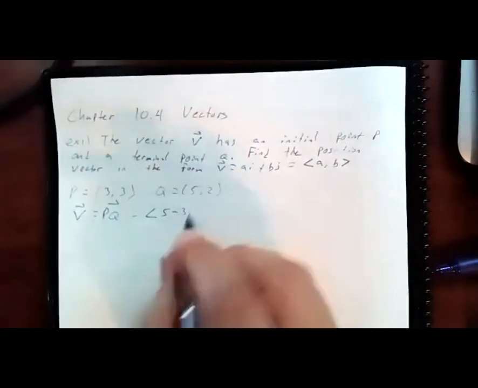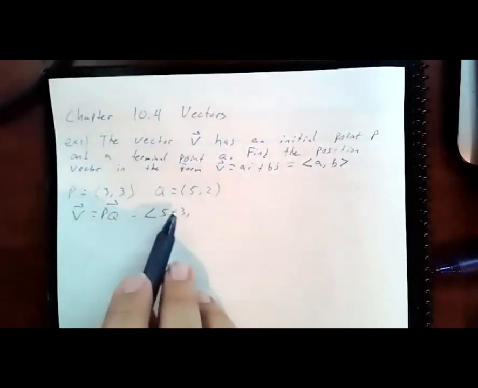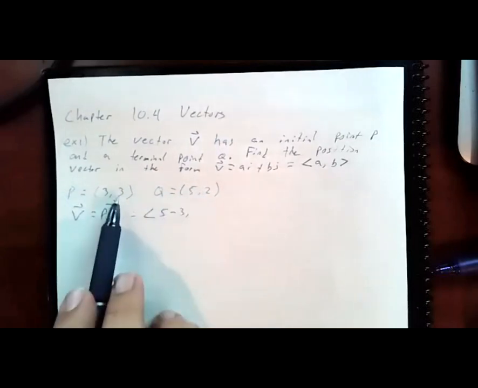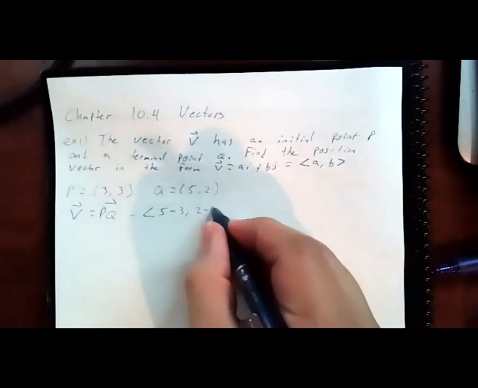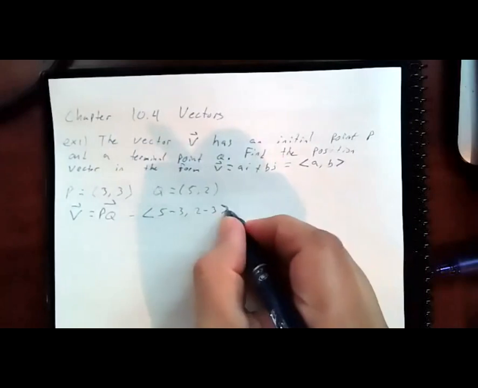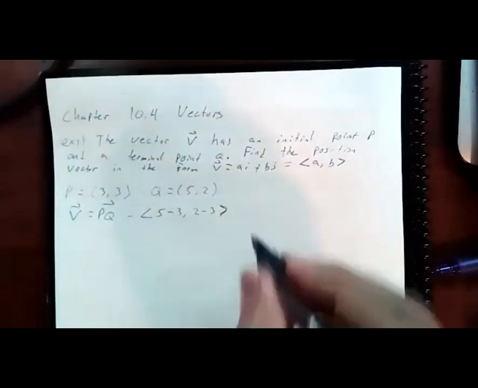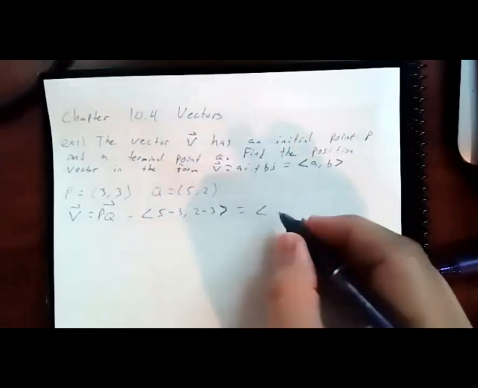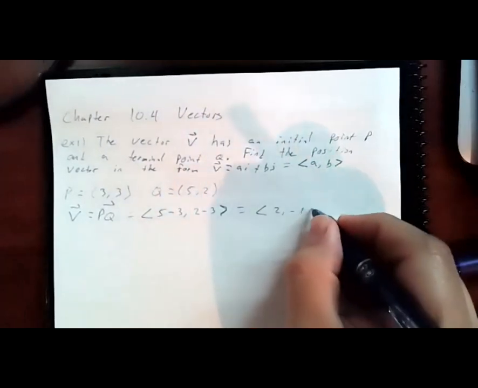And that's for the I component. So 5 minus 3, and then 2 minus 3. It will always be this way. So that gives you the vector 2, -1.